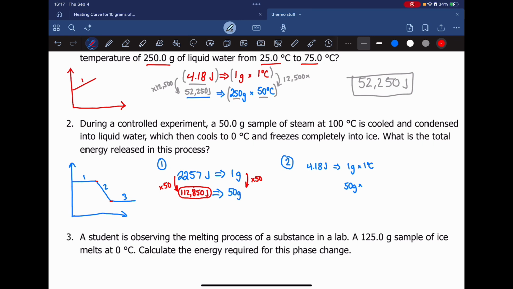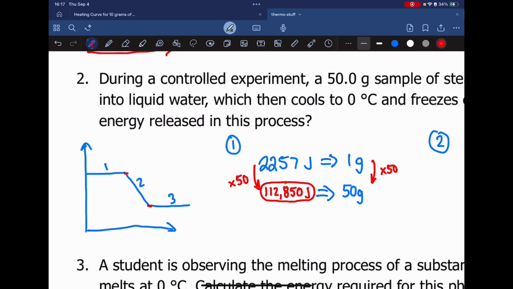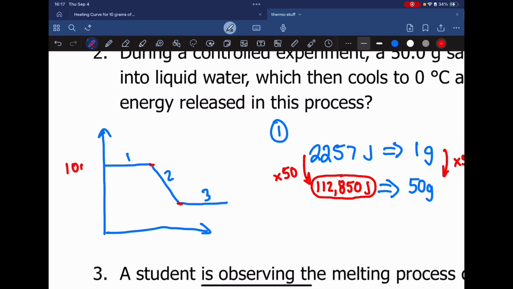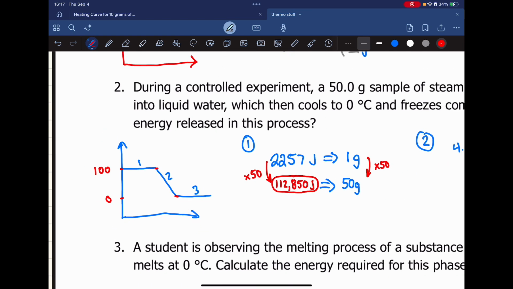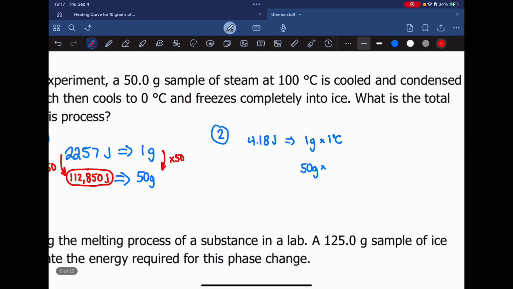Well, it looks like, since we are going from the boiling point all the way down to the freezing point or the melting point, I know that water condenses at 100, and I know that water freezes at 0. So it must be going all the way down from 100 to 0. So that is a temperature change of 100. I am changing my temperature by 100 degrees.